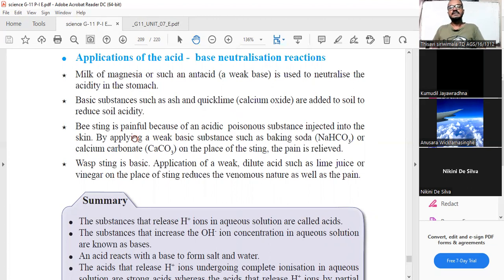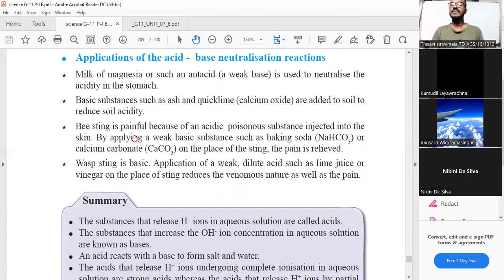Then basic substances such as ash and quicklime are added to soil to reduce soil acidity. So when farmers use artificial fertilizers, chemicals, maybe insecticide, pesticide for a long period of time for a certain cultivated land, the soil becomes slightly acidic. So when the soil becomes acidic, it is not good for the plant growth.